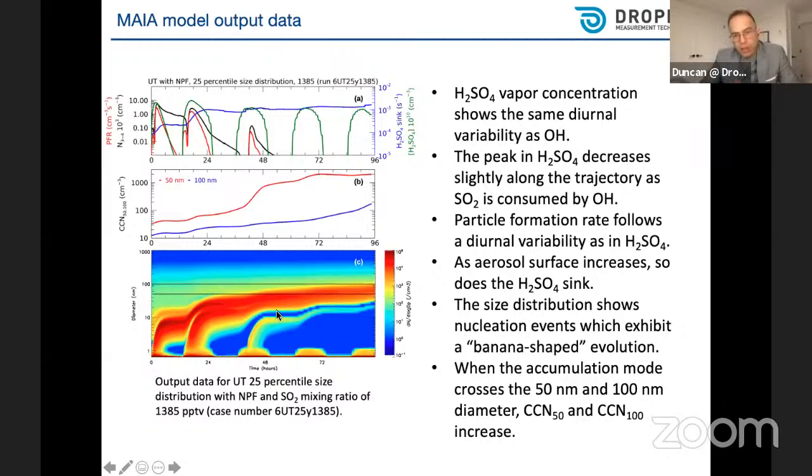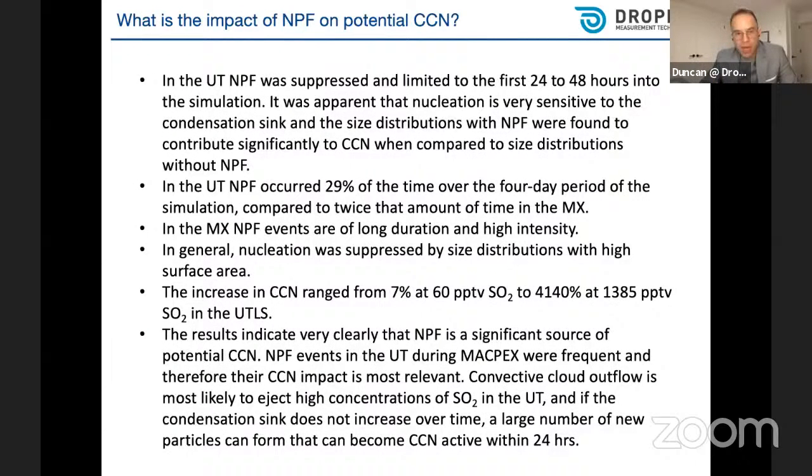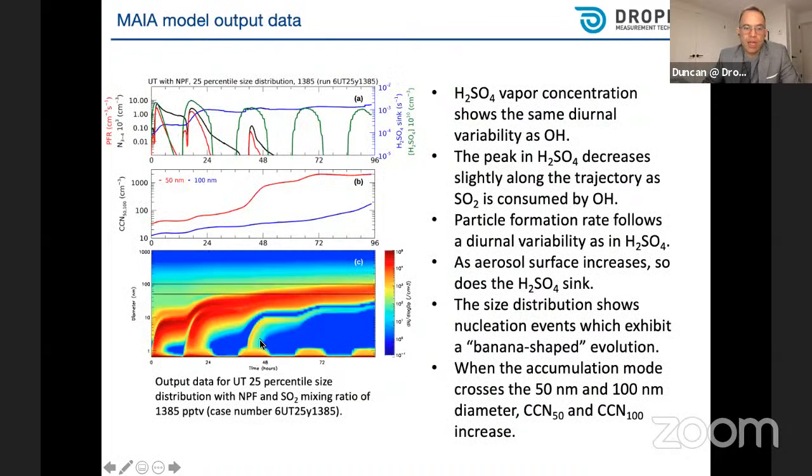So starting to close the picture on this study, we found that in the upper troposphere, new particle formation was suppressed and limited to the first 24 to 48 hours into the simulation. So we see here that in the first 24 to 48 hours particle formation is occurring, but later than that, it is suppressed.